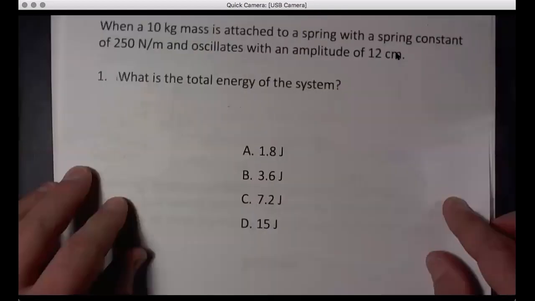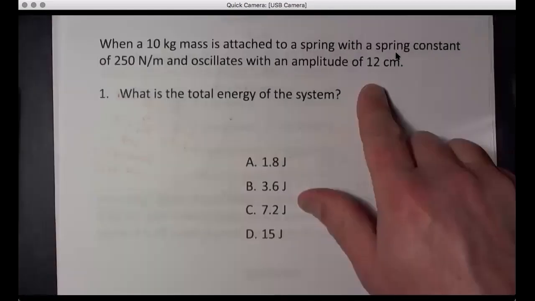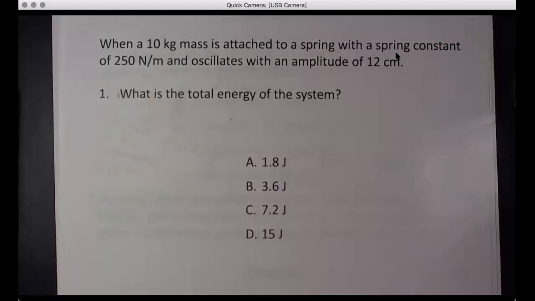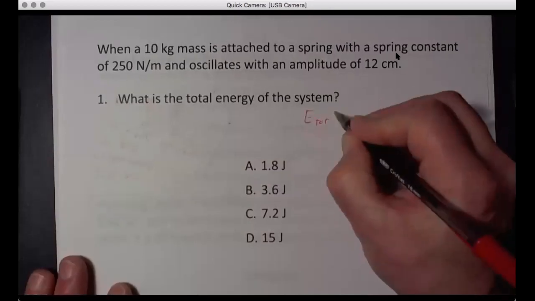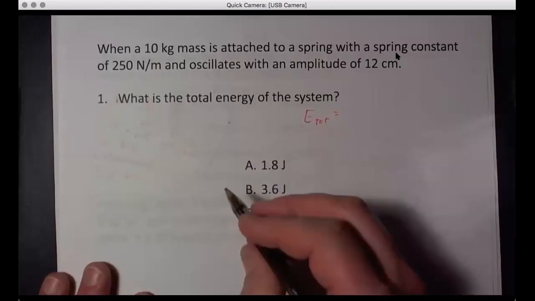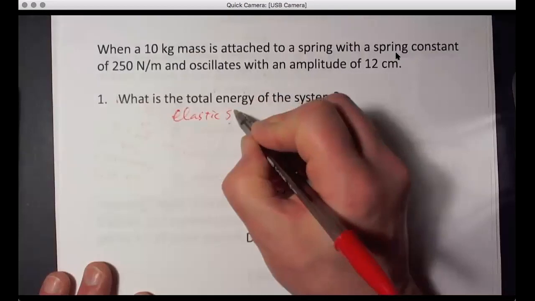Okay. Now, let's go on to another example. A 10 kilogram mass is attached to a spring with a given spring constant and oscillates with an amplitude of 12 centimeters. What is the total energy of the system? We have our formula for total energy for elastic simple harmonic motion.